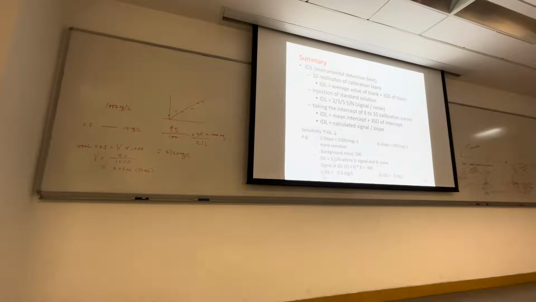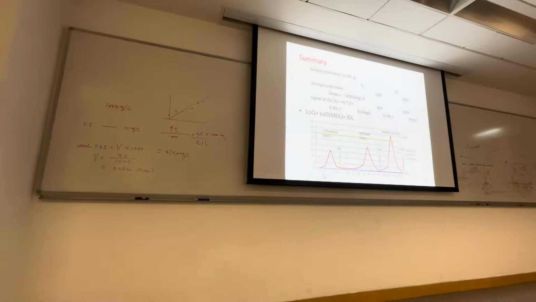If the IDL is 3 times the S/N ratio, that means for this instrument, whenever a signal can produce 300, then you can differentiate, okay? So the IDL is only 0.3. But in the other case, 300 means the IDL will be 3 mg per liter, okay? Just by calculation, noise over the slope will give you the concentration. So this is the sensitivity.